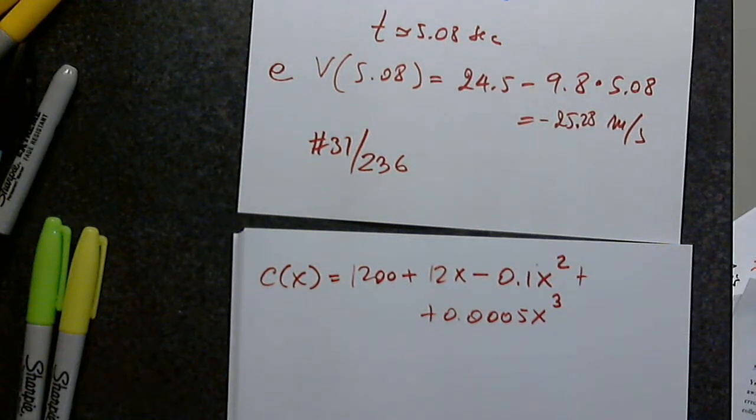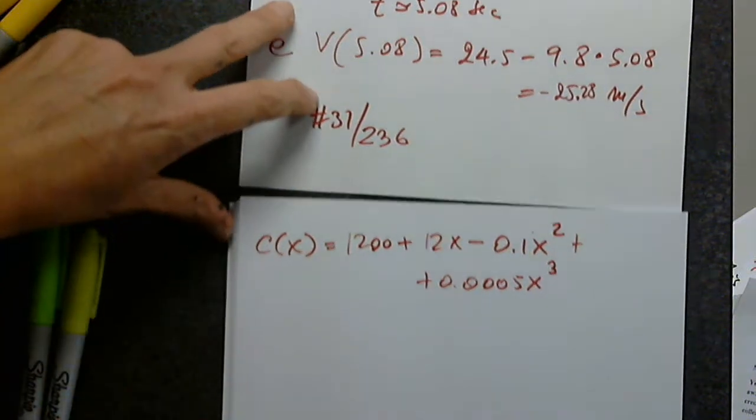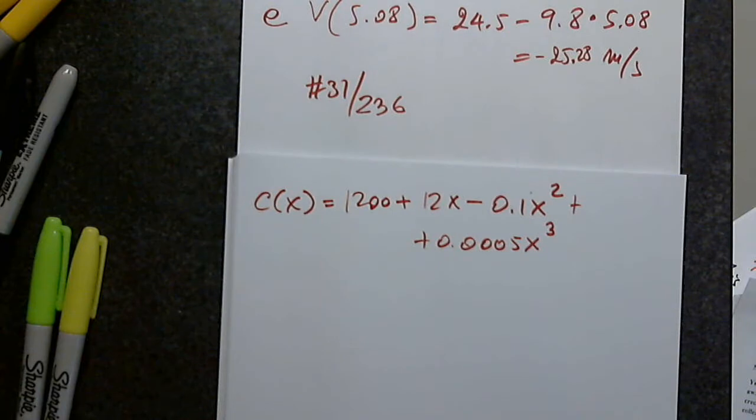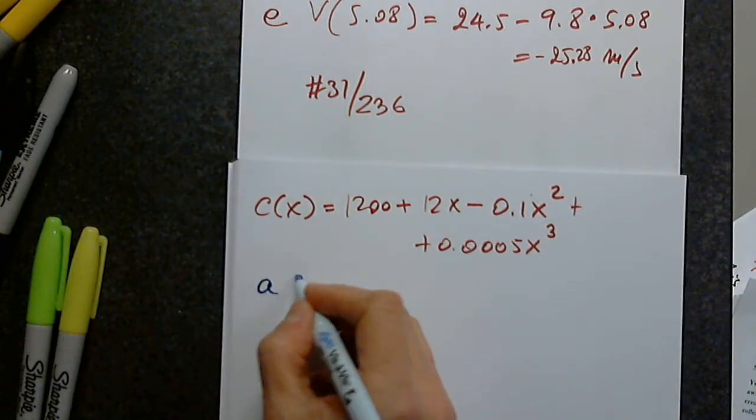First question is, find the marginal cost function. What is the marginal cost function? The rate of change of cost with respect to the number of yards we produce, right? That's the marginal cost. So part A will be C prime.